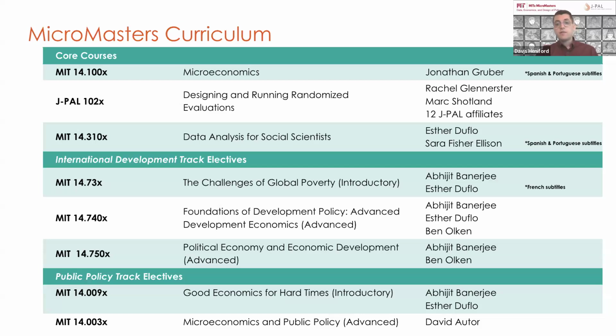So, for example, you can find Spanish and Portuguese transcripts in microeconomics, as well as data analysis for social scientists. And you can find French language transcripts in the course The Challenges of Global Poverty. We are currently working on even more other language transcripts as well, so stay tuned for that.